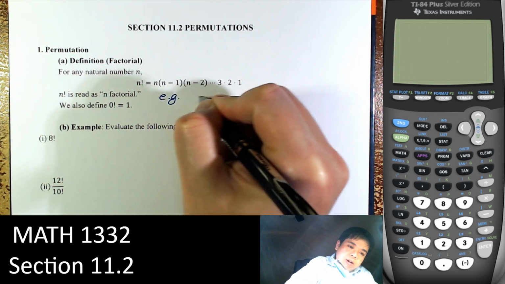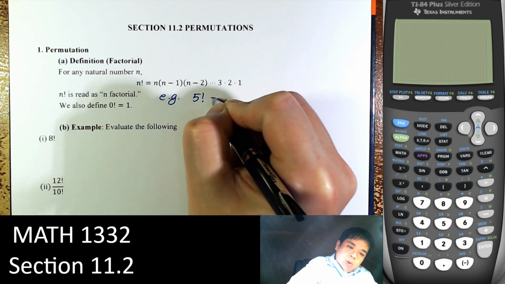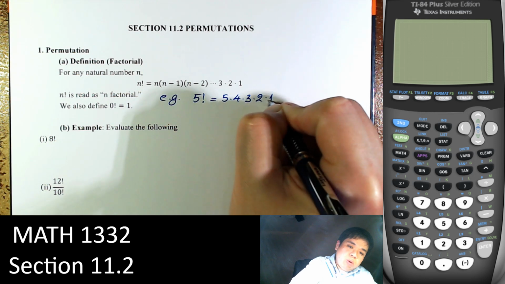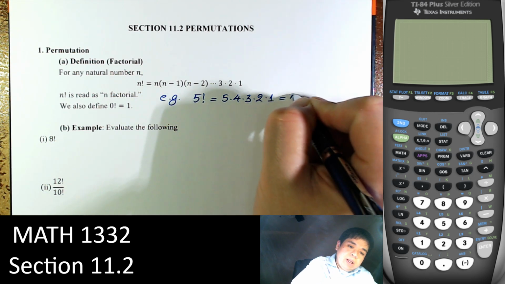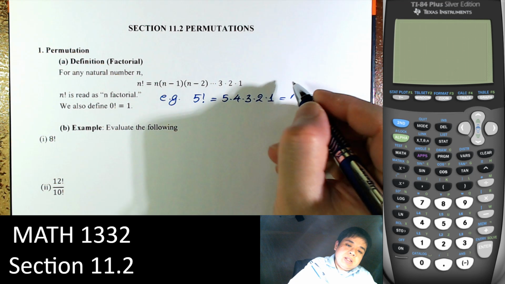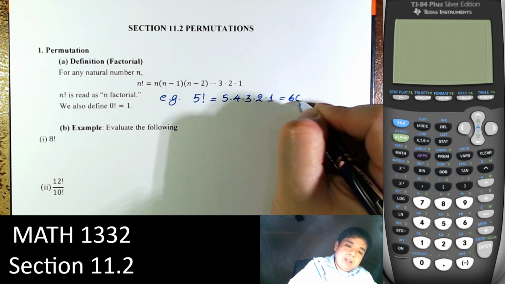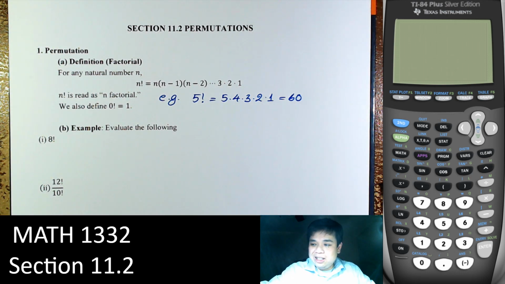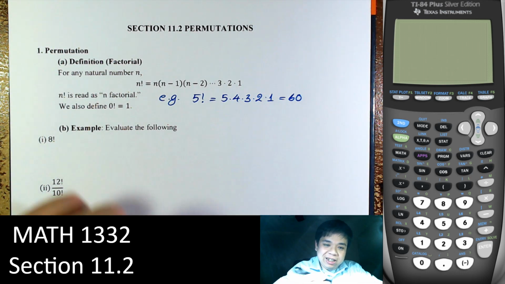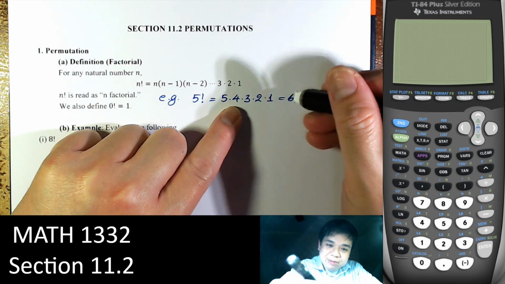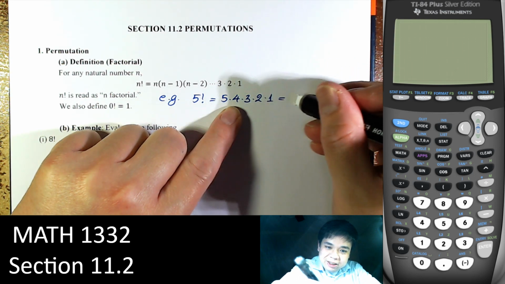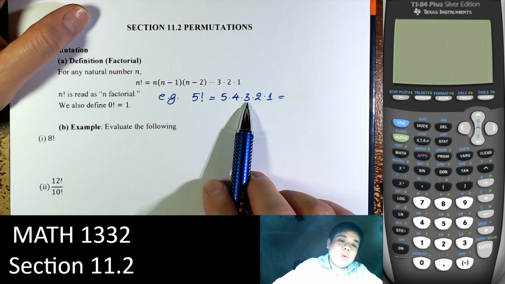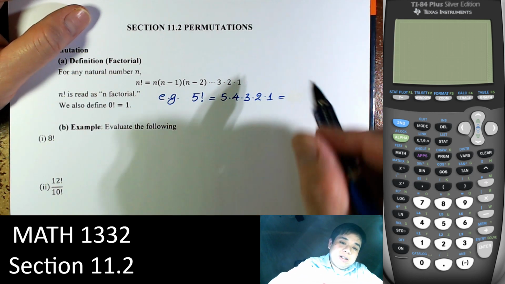If we say 5 factorial, that would mean the product of 5 times 4 times 3 times 2 times 1, and that is 60. Right, I'm sorry. 120. 5 times 4, 20 times 3, yeah, 120, sorry.